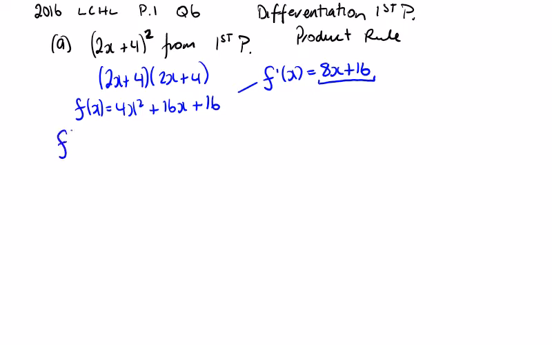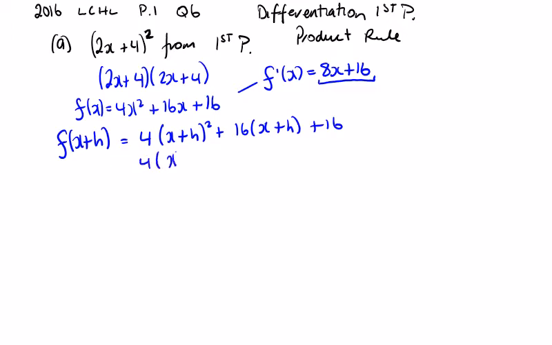So f of x plus h, you've practiced this so many times at this point. You could write the answer to x plus h to be squared straight away if you wanted, or you can just take your time and do it one step at a time. So 4 times x squared plus 2xh plus h squared plus 16x plus 16h, this is where my 16 is coming from, plus 16.